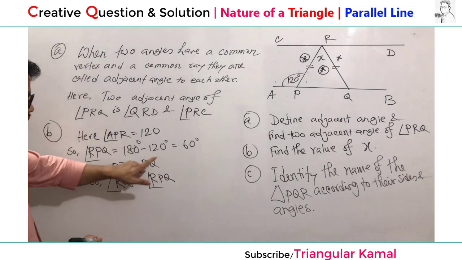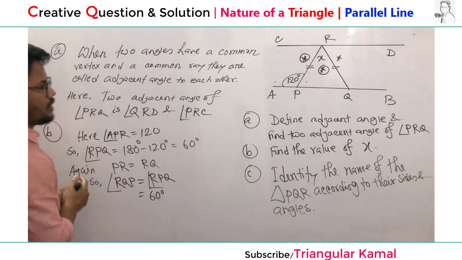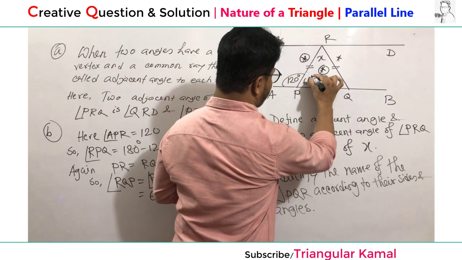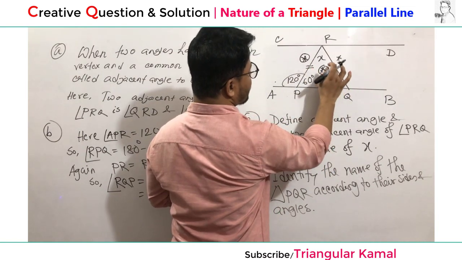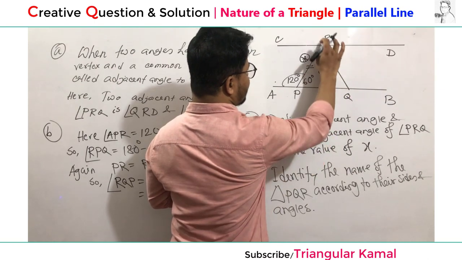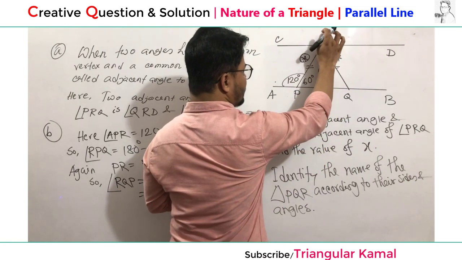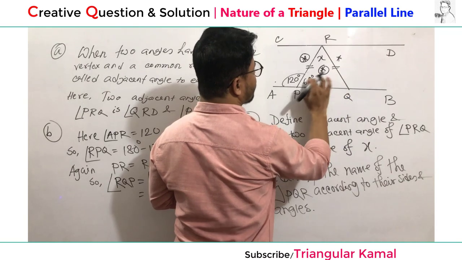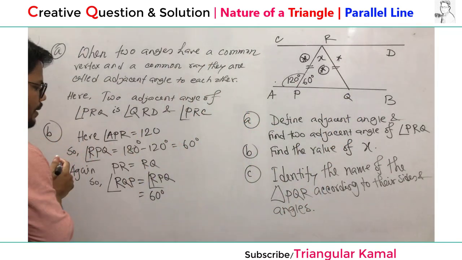And while RPQ is 60 degrees, definitely this angle is also 60 degrees. When two sides are equal, the equal sides indicate here RQ, the opposite angle of RQ is P, and the opposite angle of RP is Q. Definitely when two sides are equal, their opposite angles must be equal. So these two angles are the same.